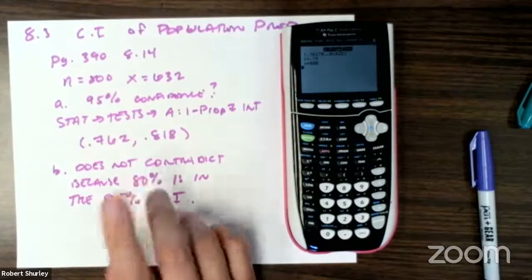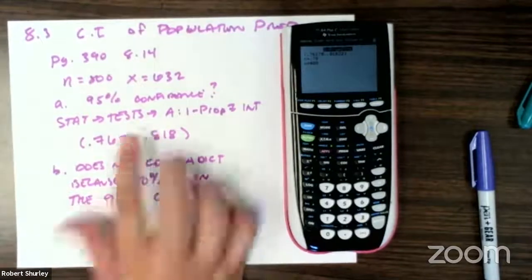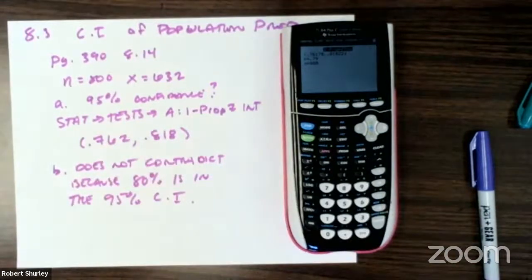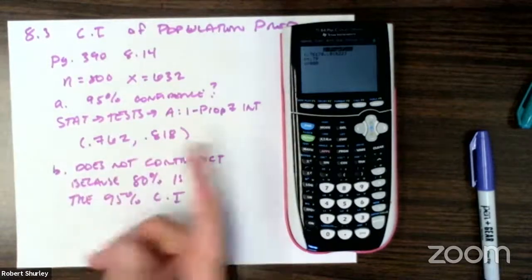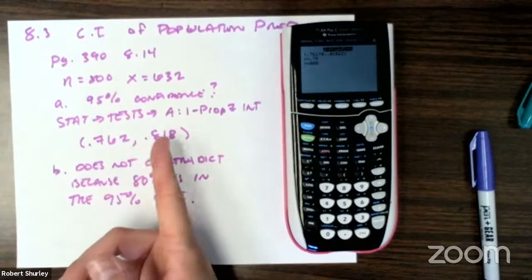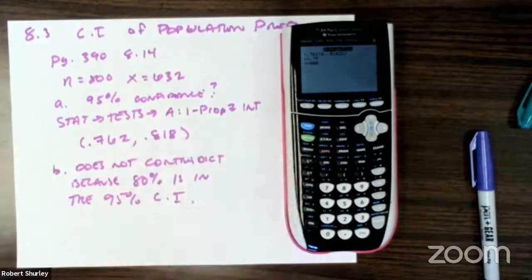So when she claimed it was 80%, boom, it's right in that interval, so it's not contradicting it. If someone else said, no, I think it's 77%, they're not contradicting the findings either, because we're 95% confident that it's somewhere in between.